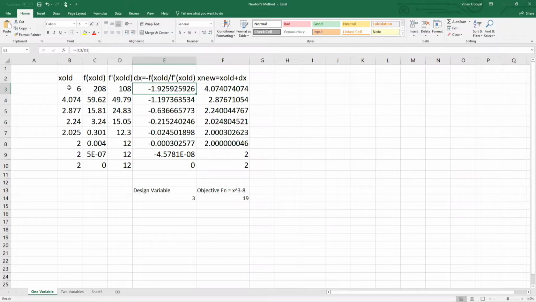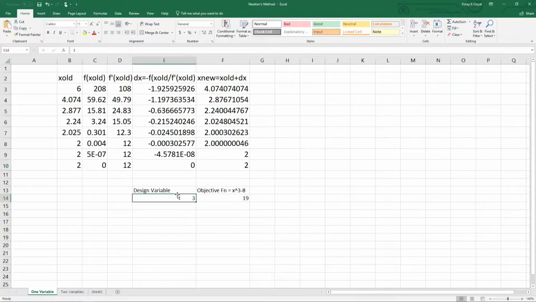Now you can correct x old by adding to that, and that's what was done in this cell, B3 plus E3. And that gives me the value. So now I can use this as my guess, and then repeat the process until x is converging. In this case, it converges to a value of 2, and the error has dropped to 0.